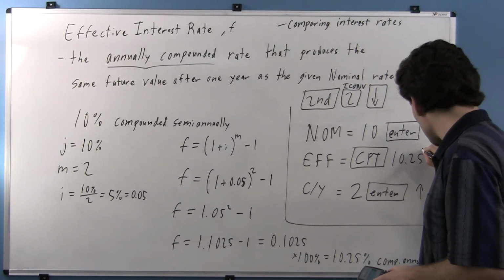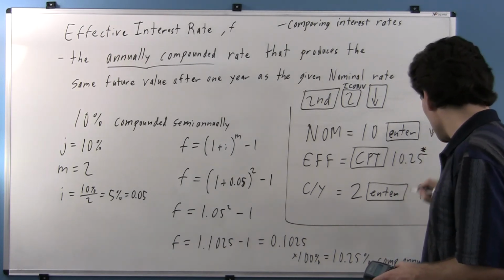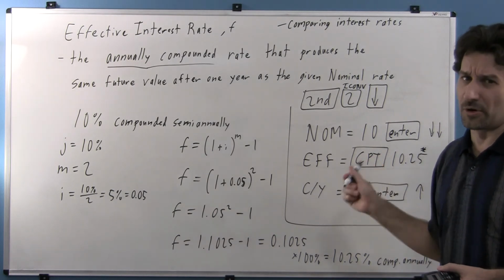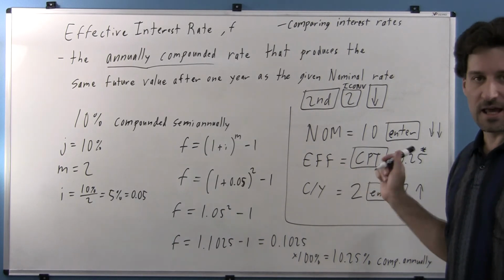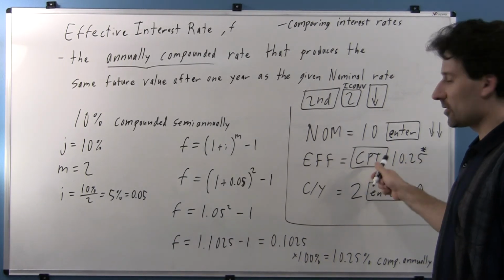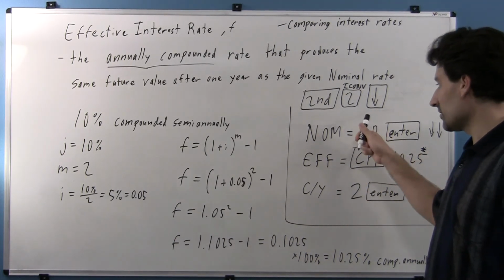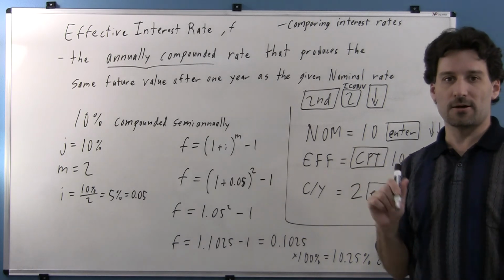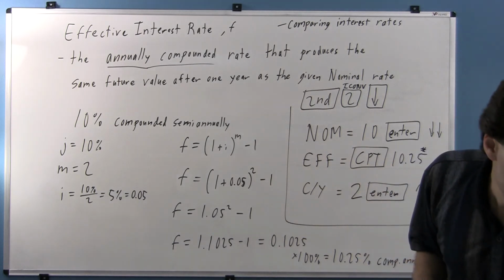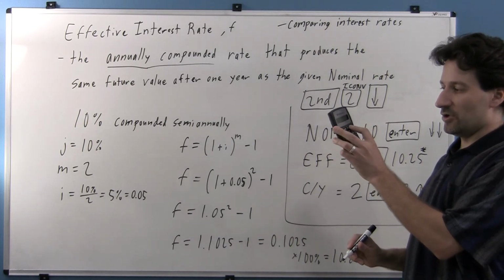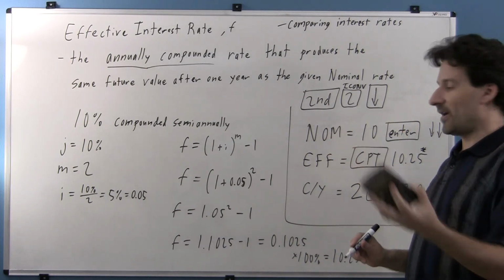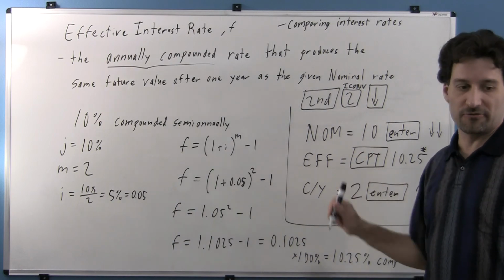And again, it shows a little star above it, you don't have to draw a star, but the star tells me yes, we have calculated that number now. Now that you hit compute, that number is calculated based on the nominal rate and the CY that are currently in there. So you can cycle through and check your numbers. 10 and 2 and 10.25 has the star, so that has been calculated from those numbers.